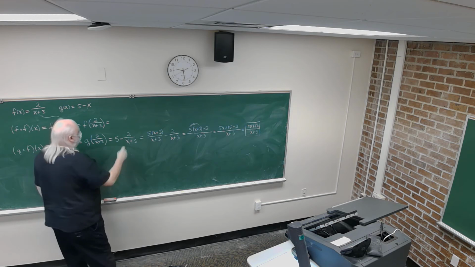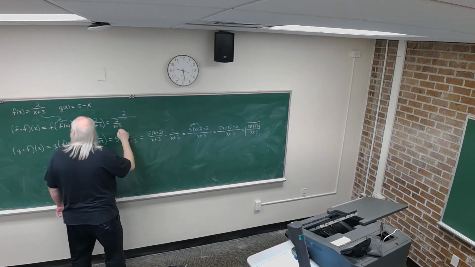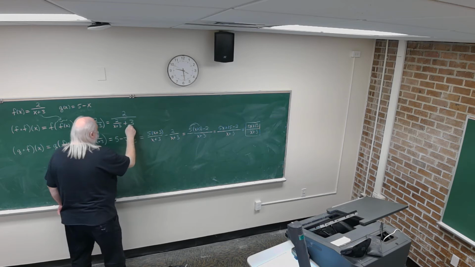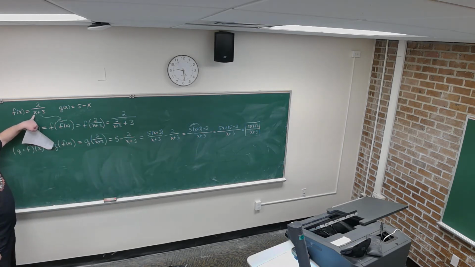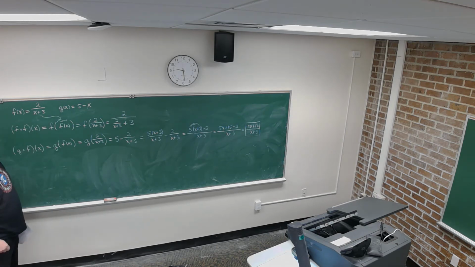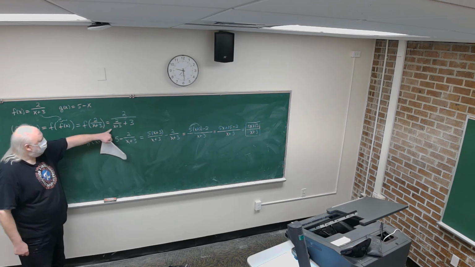So this is equal to, we're going to have a complex fraction, 2 over 2 over x plus 3, plus 3. All I did was replace this x right here with 2 over x plus 3. Now that's a complex fraction, right? We got a fraction inside a fraction, so we got to simplify, right? So this is the main denominator.